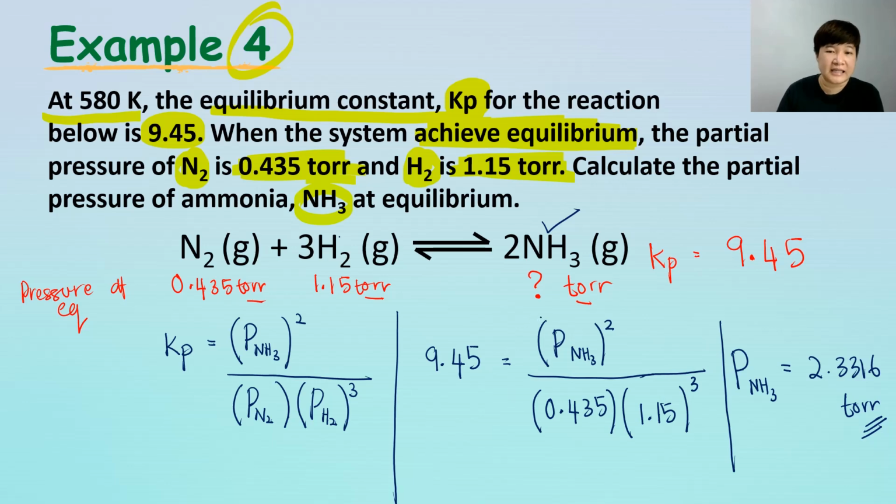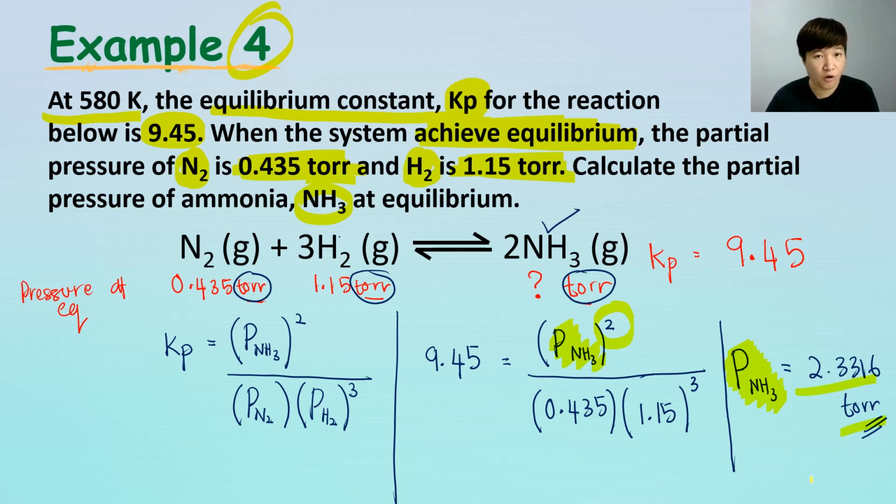In the question above, every pressure is in torr, so the ammonia will also be in torr. We don't want the power of 2, we just want the partial pressure of ammonia, so make sure you square root the value before you write the final answer.